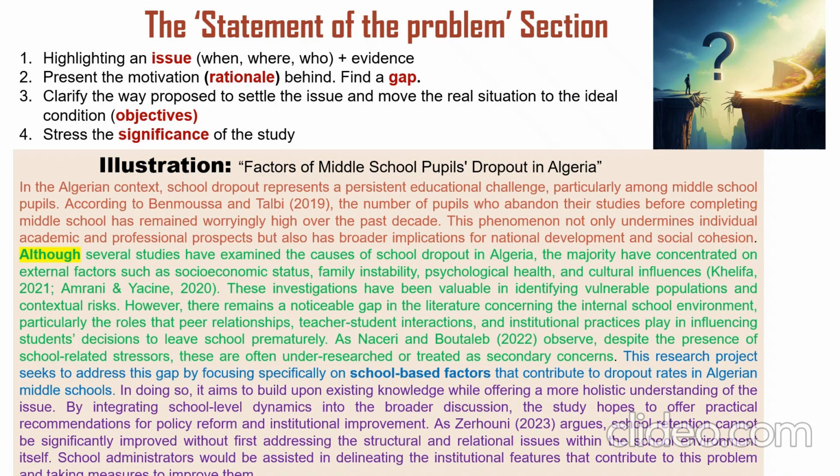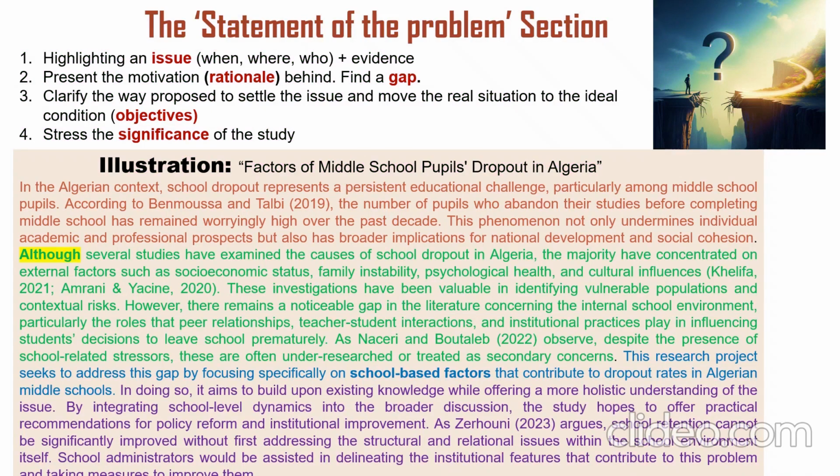Then, although several studies have examined the causes of school dropout in Algeria, the majority have concentrated on external factors such as socio-economic status, family instability, psychological health, and cultural influences. Khalifa, 2021, Amrani and Yassin, 2020. These investigations have been valuable in identifying vulnerable populations and contextual risks.